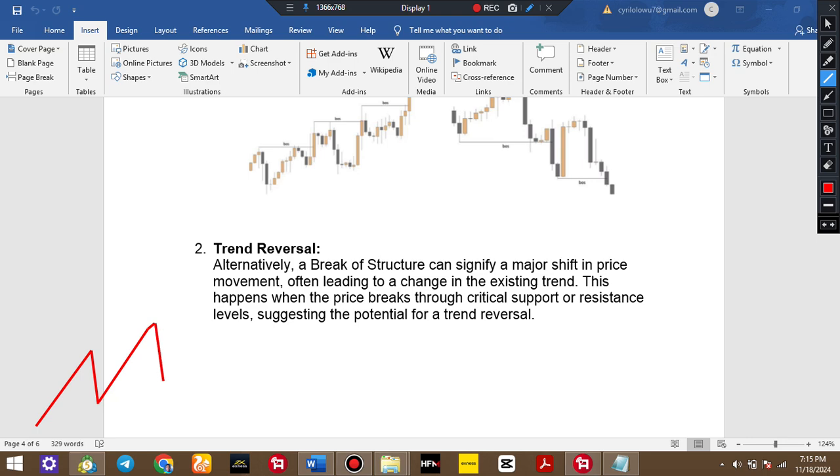Makes another pullback. Price keeps giving you this kind of bullish move towards the upside, right? Now, price will never continue like this forever. So that is why we have to also talk about the reversal.